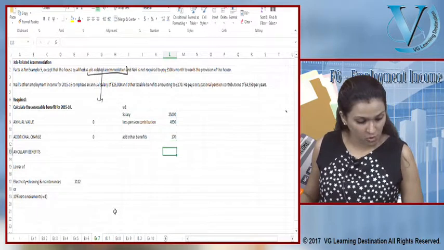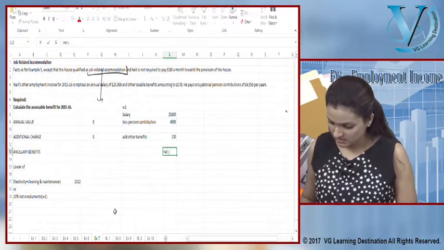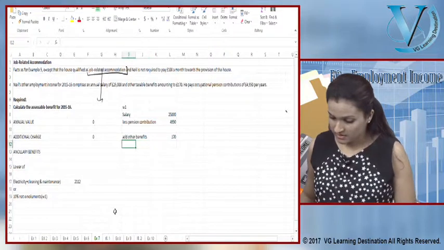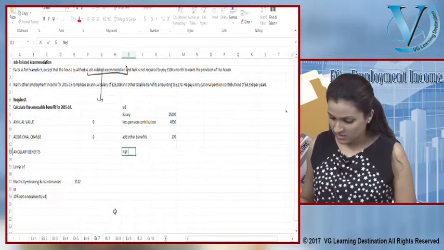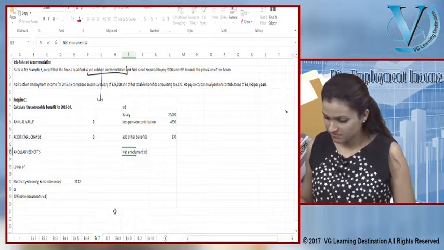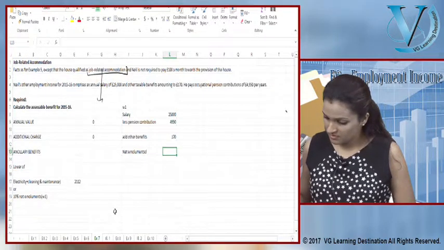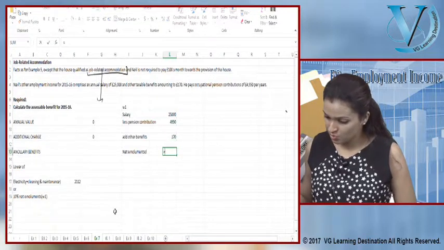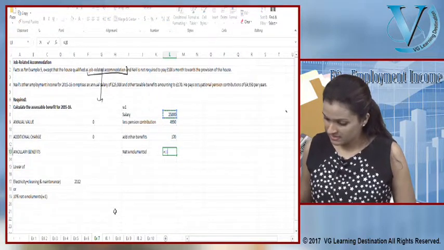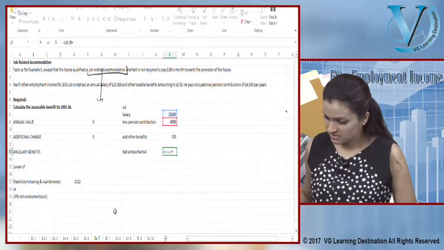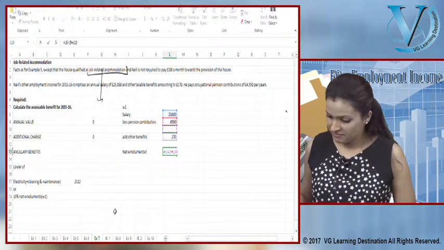What becomes the total net emoluments? Net emoluments become equals to salary less pension plus benefits.